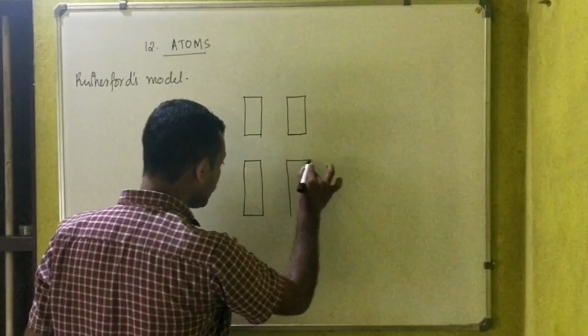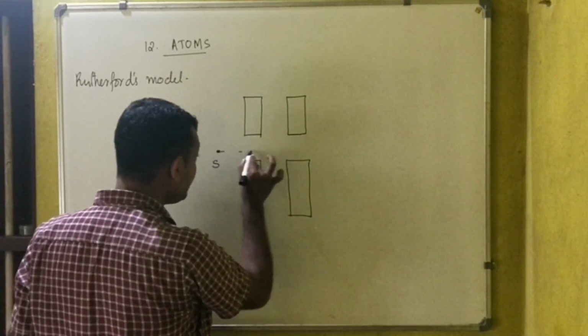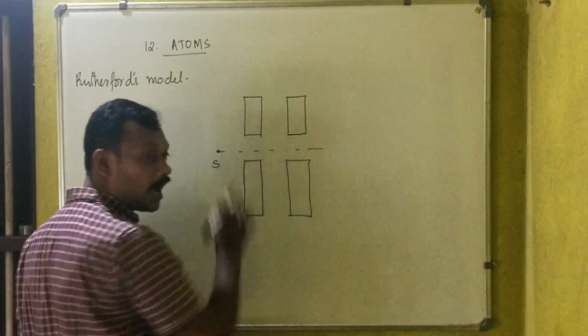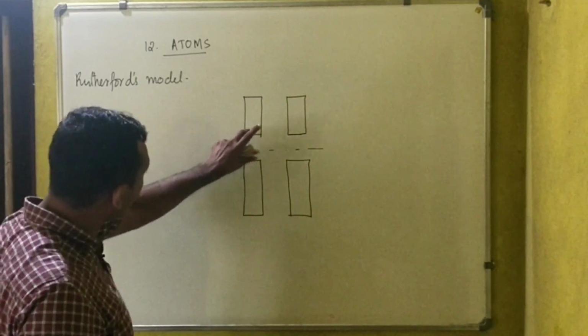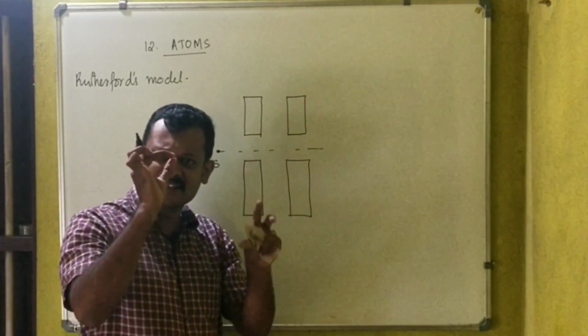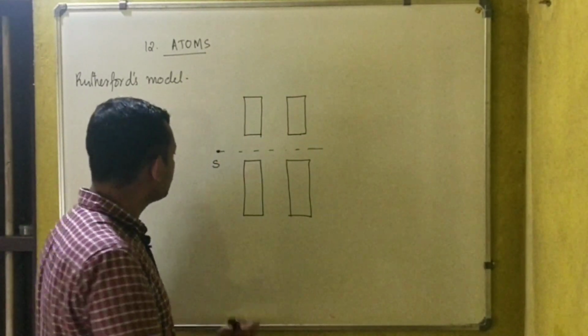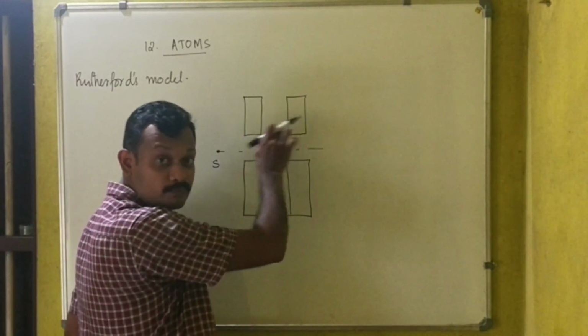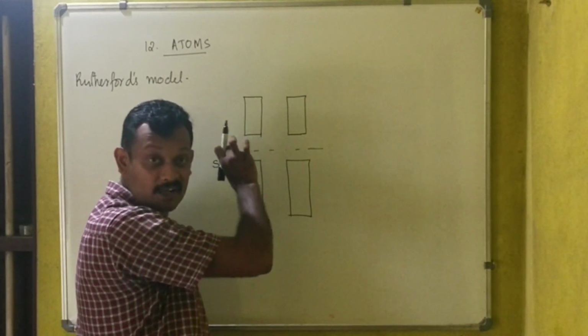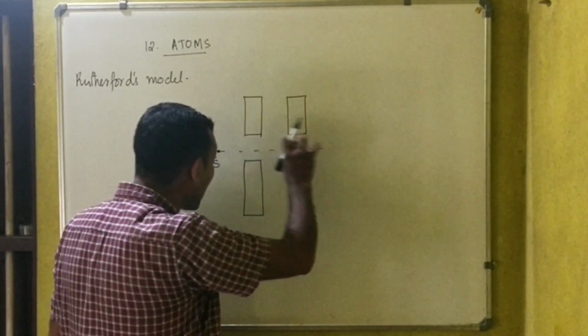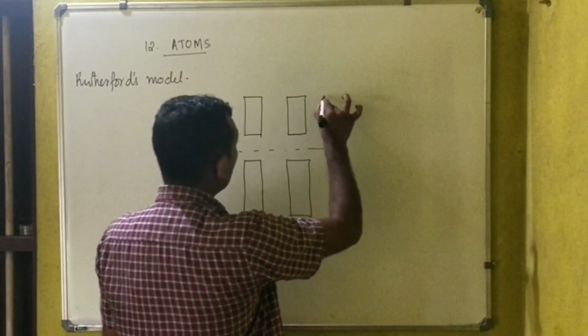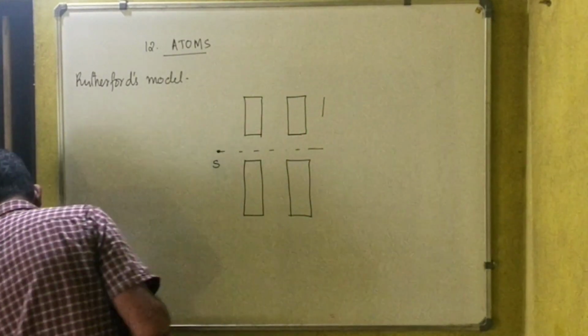This arrangement will provide you a fine narrow beam. As the figure shows, it is somewhat wide, but in reality the separation is very small, such that it forms a collimator. The purpose of a collimator is to form a narrow beam. Now it is made to strike a thin gold foil.